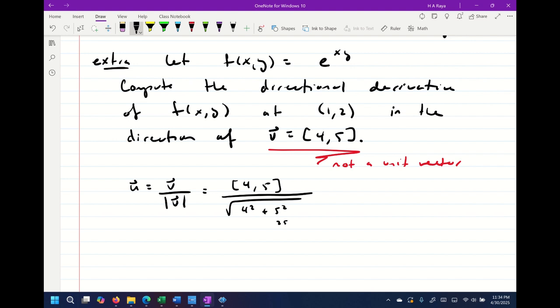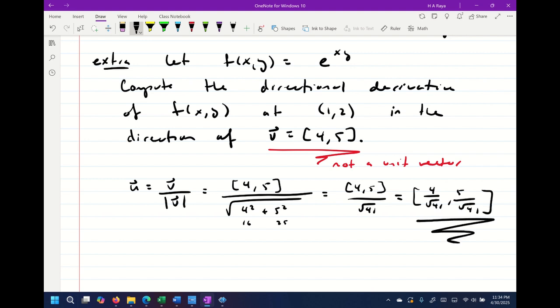That's 16 for this value, that's 25 for that value, so that will be 41. And we can take that radical 41 and apply it to the first element and the second element, and this would be your unit vector to use in the computation for the directional derivative.